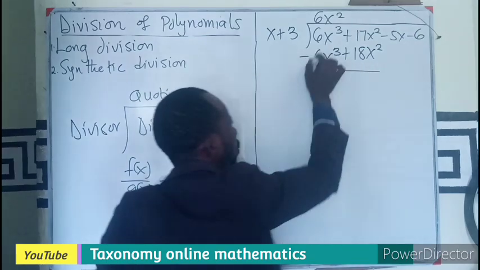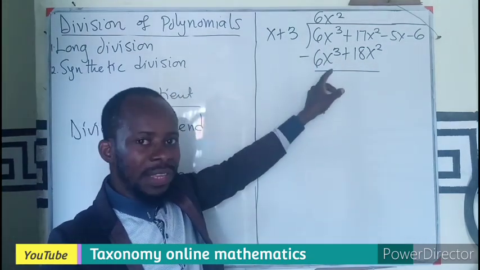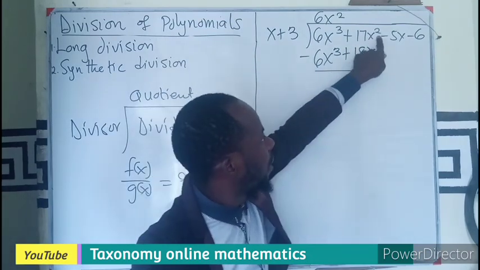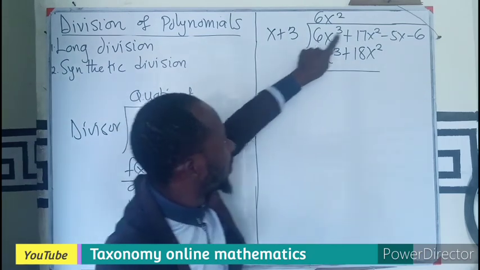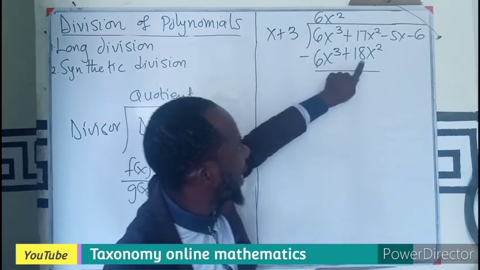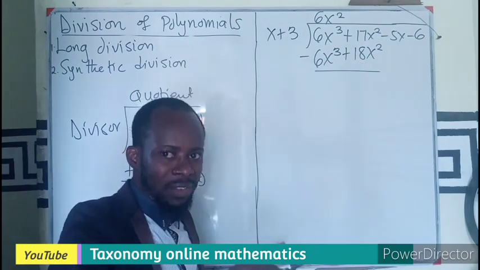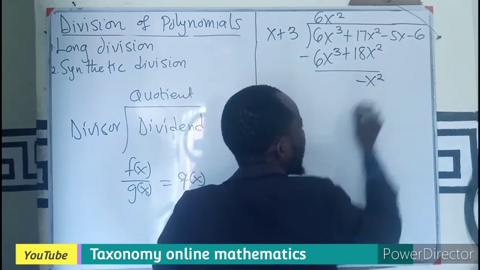So we are done. We perform our subtraction. 6 minus 6 obviously will be 0. Then 17, don't forget the powers are the same, so only take care of the coefficient. 17 minus 18, 17 being smaller than 18, gives me minus 1 times x squared.